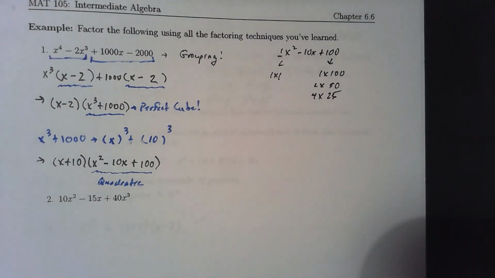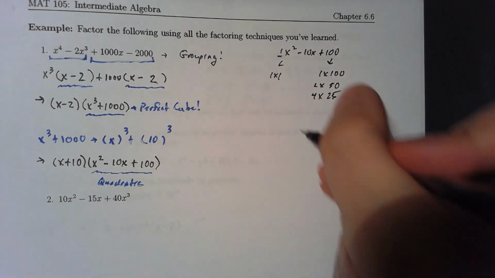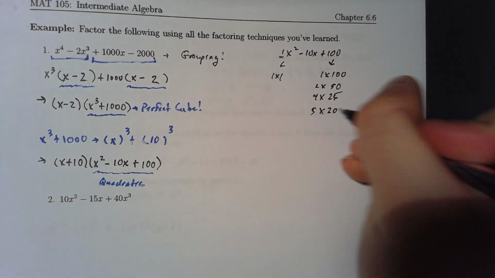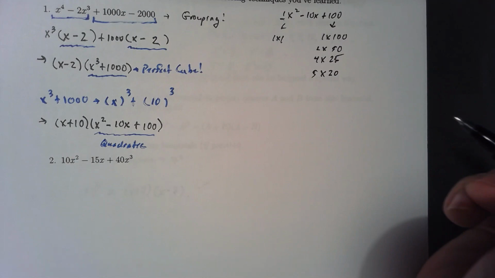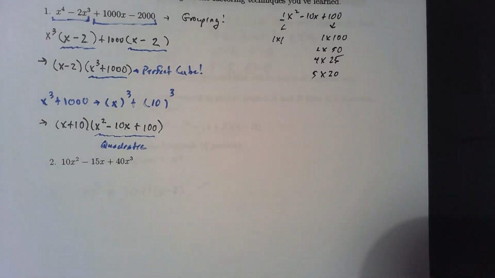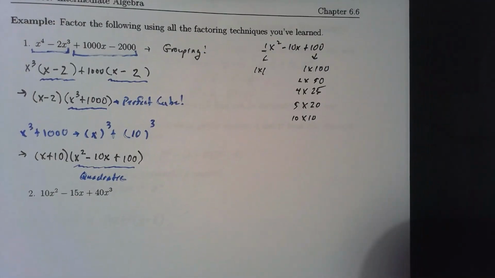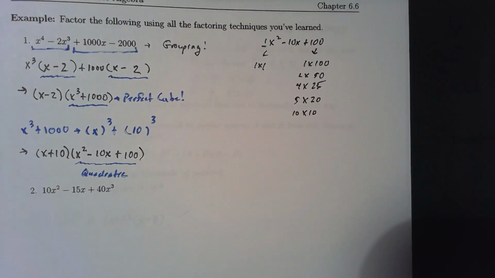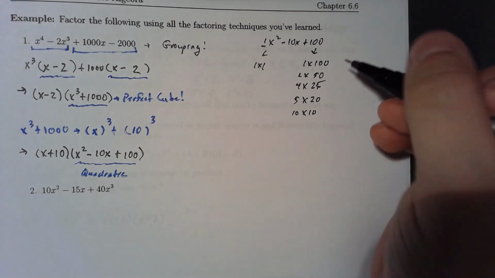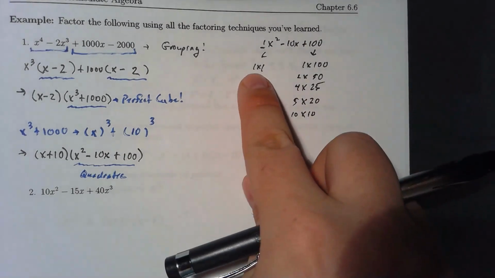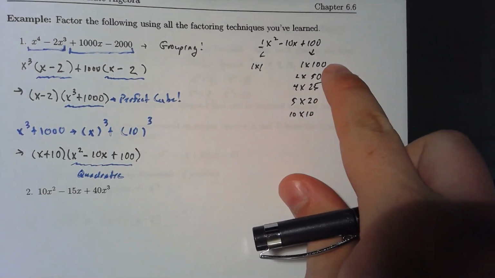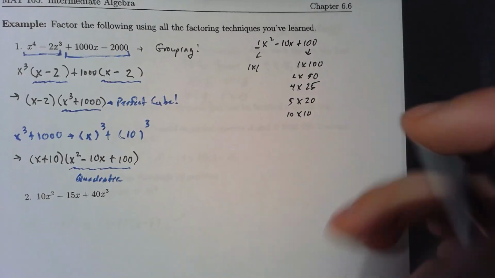Or what about 5 times 20, right? Anything else? Yeah, 10 times 10. Okay. So, since my leading coefficient here was 1, I only have one factor of each case.